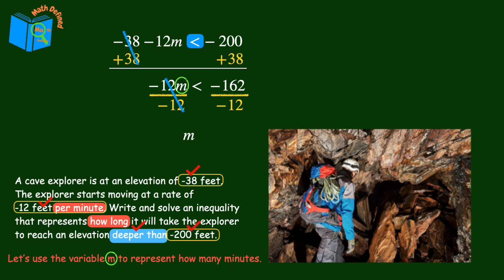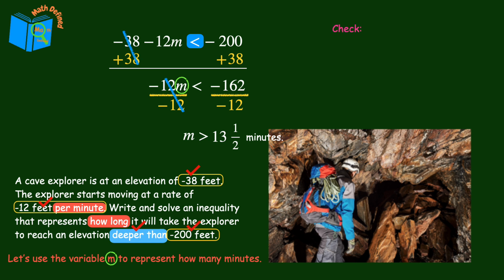On the right, negative 162 divided by negative 12 is positive 13.5. Don't forget, we need to reverse or flip the inequality sign because we divided by a negative number. So it will take the cave explorer more than 13.5 minutes to reach an elevation deeper than negative 200 feet.